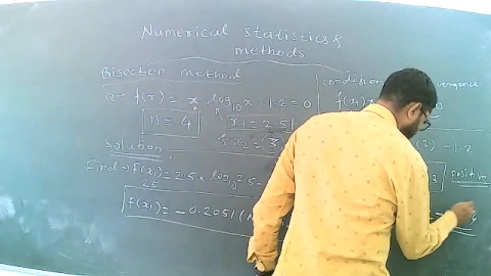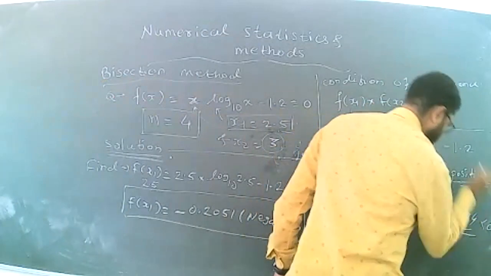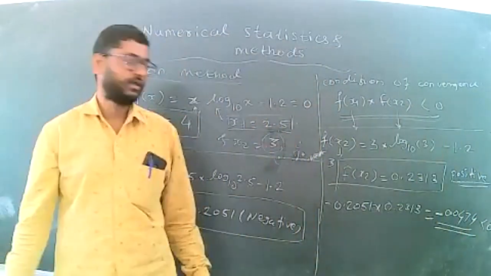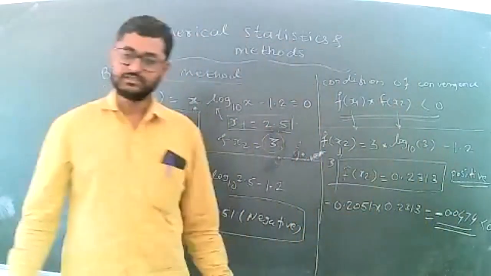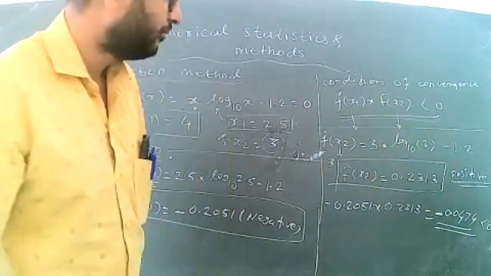Is this term less than or greater than 0? It is less than 0. Minus 0.0474 is less than 0.